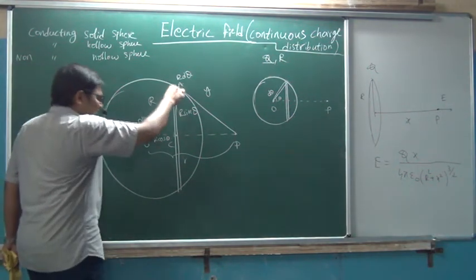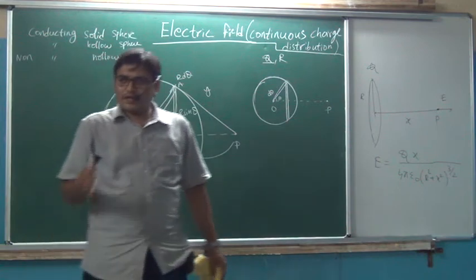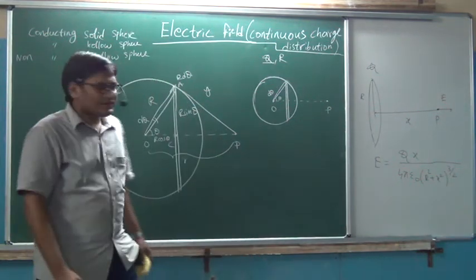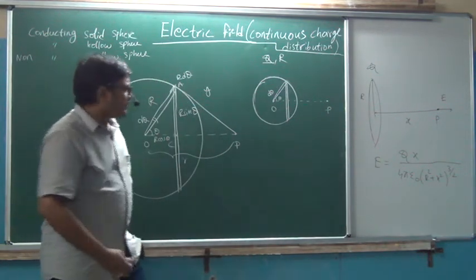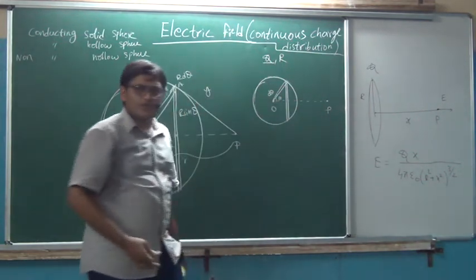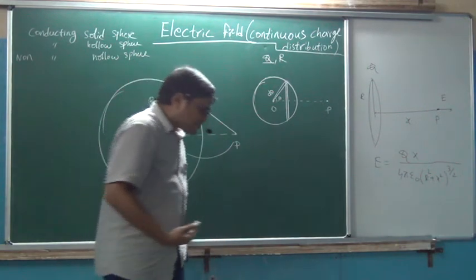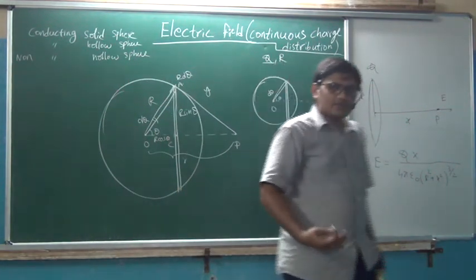This is a differential element, a very small element I consider. It is in the form of a ring. If I chop this sphere, I am going to get rings. You may ask me, sir, if it is a solid sphere, you may get a disc.